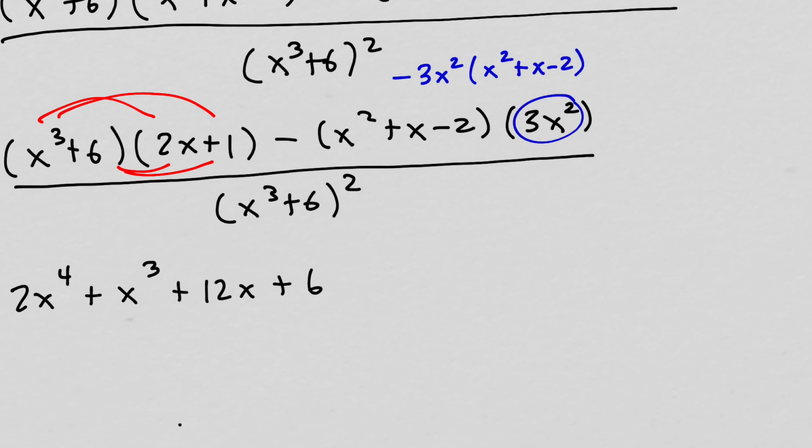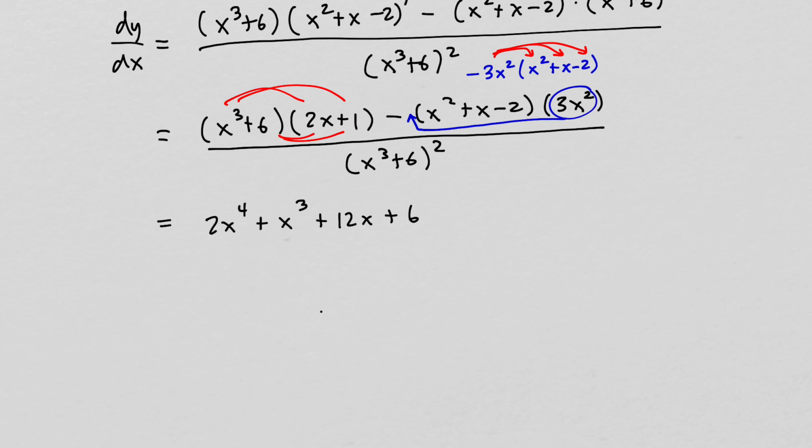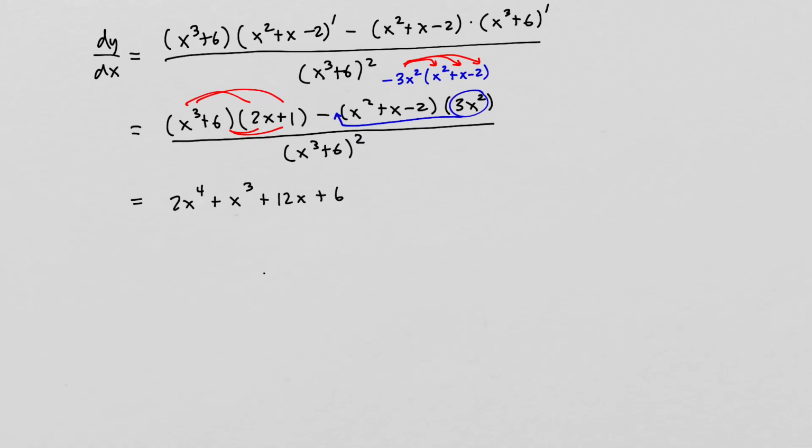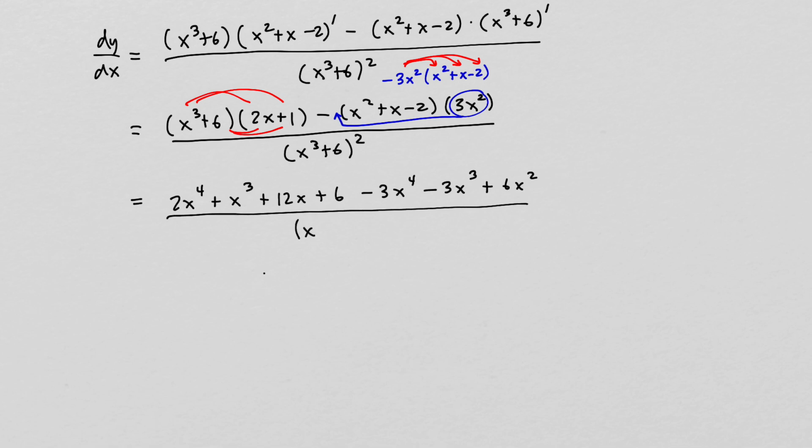So what I'm doing is taking the 3x squared and I'm putting it right here. And then I'm just going to distribute negative 3x squared to each of those terms. Okay, so when we do that, we are going to get negative 3x to the 4th minus 3x cubed and then plus 6x squared. And then all divided by x cubed plus 6 squared.